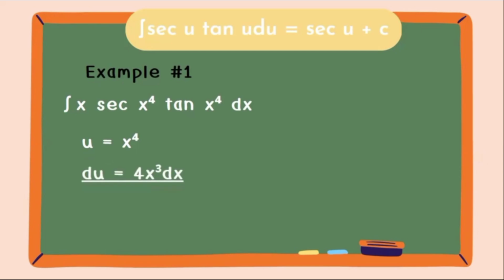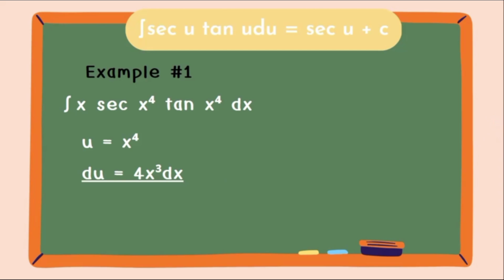So, paano natin nakuha yung du? So, magiging may invisible na 1 dun sa katabi ng x, then i-multiply lang siya sa exponent. So, magiging 4x, then yung 4 na exponent is minus 1 lang. So, 4x cubed dx.